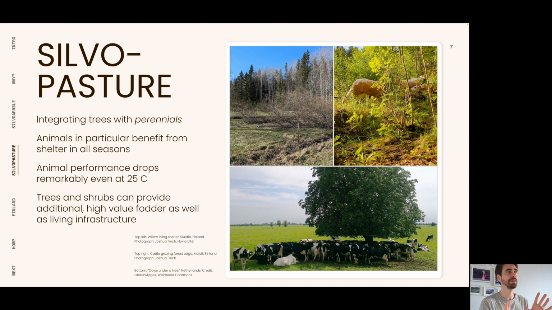So that's the beauty of having living systems. So living systems can be everything from shade trees, like we see here in the Netherlands. There's one tree, and look at all the cows that are hanging out underneath there, because 25 degrees is all it takes for a lot of animals to really start feeling the heat. And pun intended, they're really starting to feel that heat. They need the shade.